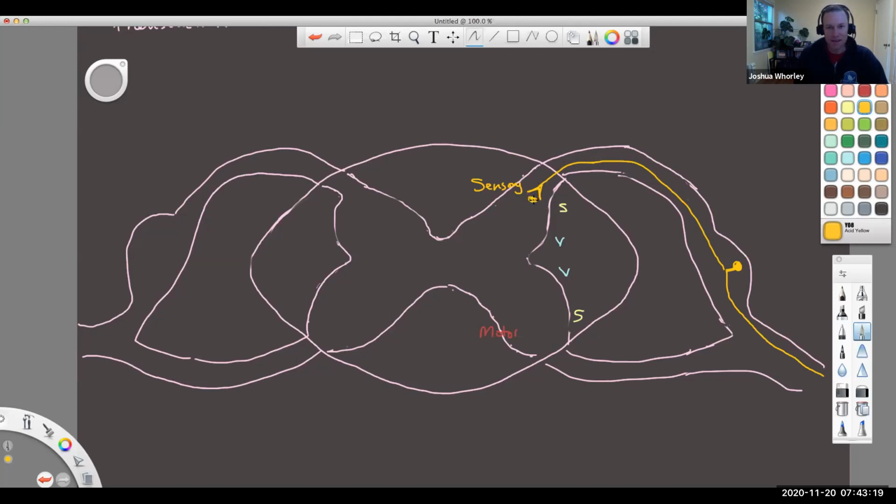Right? So there's the cell body, for example, of this somatic sensory relay neuron. That might be communicating directly with a somatic motor neuron here in the ventral gray matter, right? So here's our motor neuron.